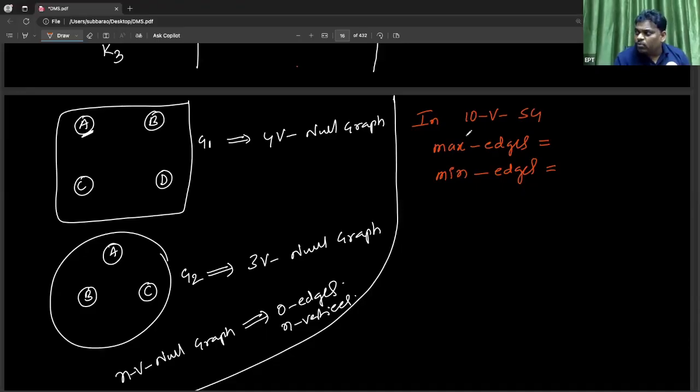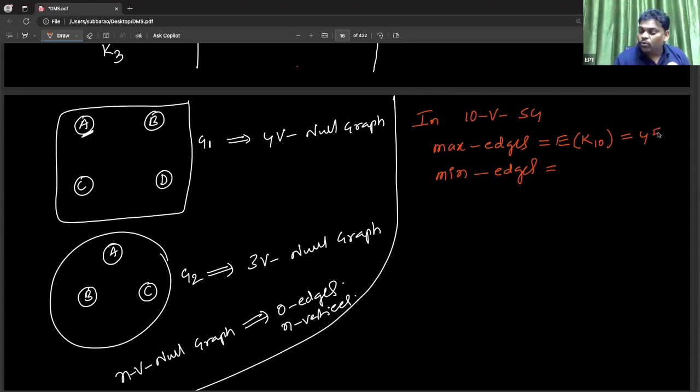For a 10 vertex simple graph, I want the maximum edges. Complete graph. What is the answer? It is nothing but the number of edges in K10, which is 10 into 9, 90 by 2, 45.